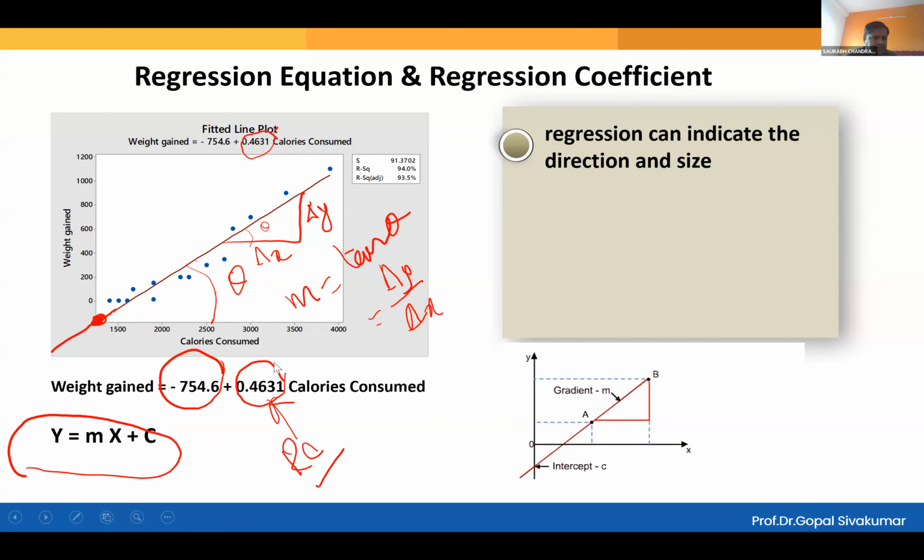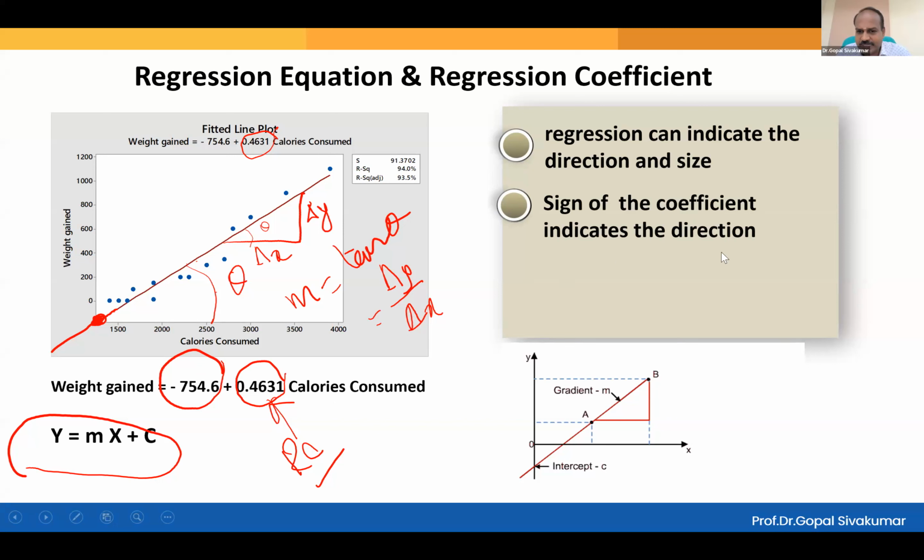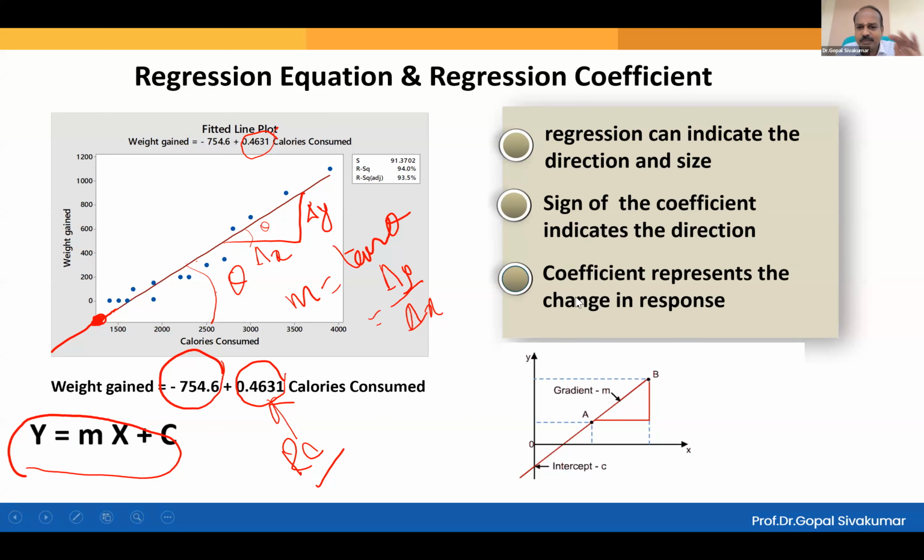The 0.4631 is telling me that if I increase the x by 1 unit, y will increase by 0.4631 unit on an average. Is this statement easy to understand? So the sign of the coefficient indicates the direction, and the magnitude of the coefficient represents the change in y you can expect while changing the x.